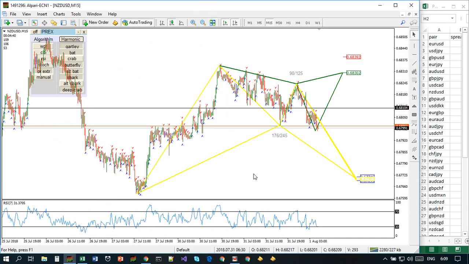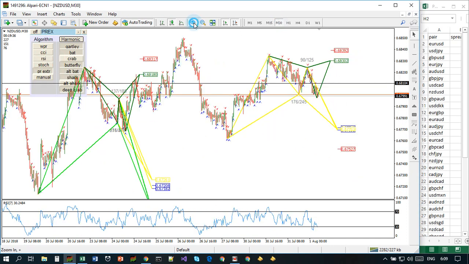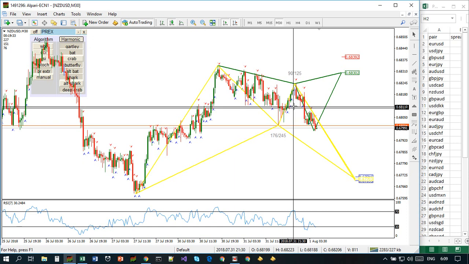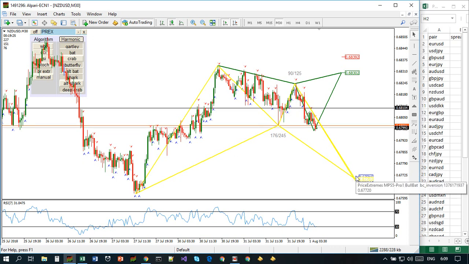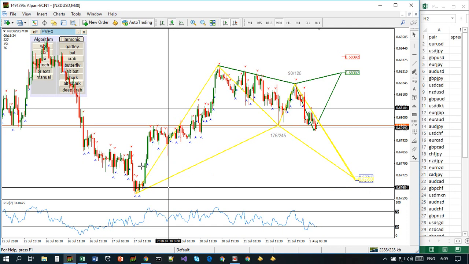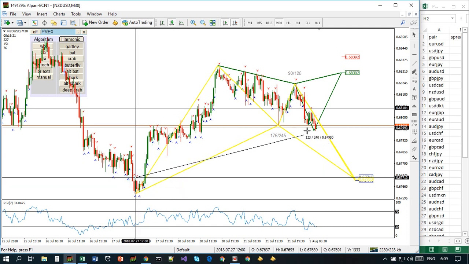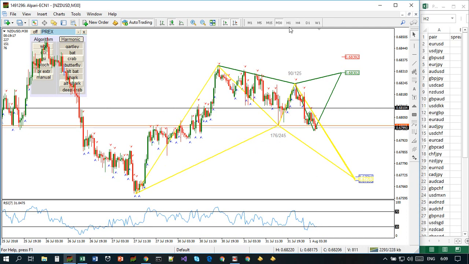to execute. Well, I dislike that to be 15 minutes, so let me switch it to 30 minutes. We have three candles in the C to D leg at least, and the total pattern is 130. It is enough on 30 minutes.